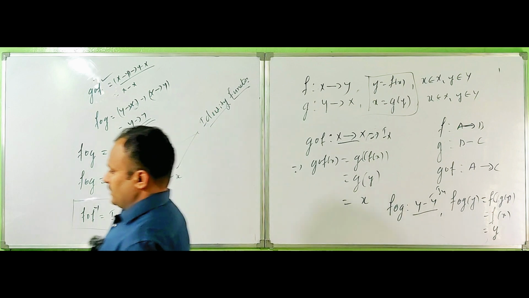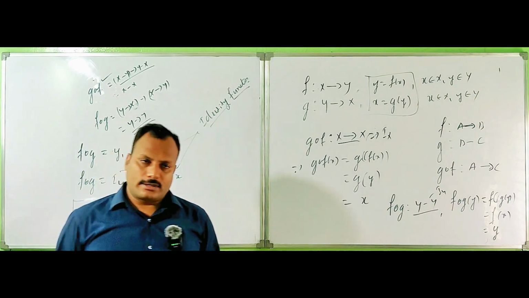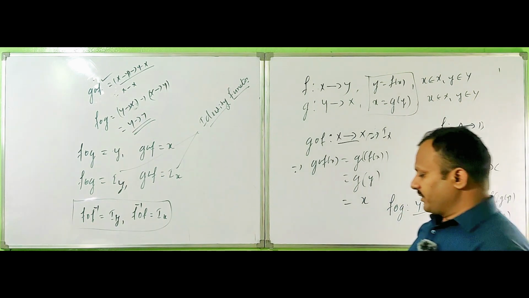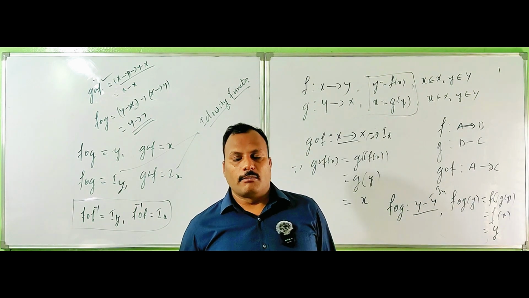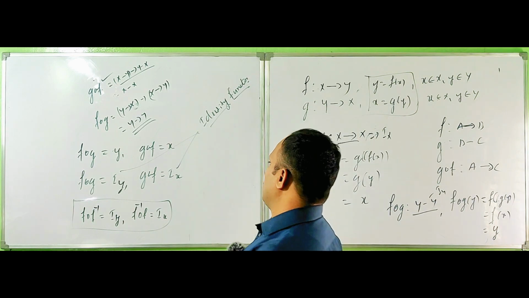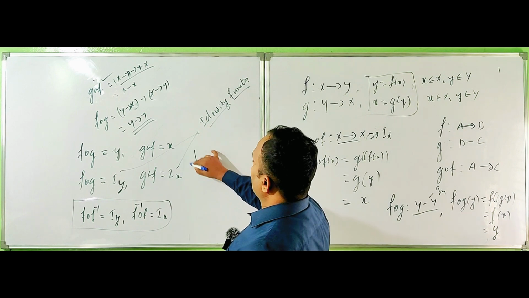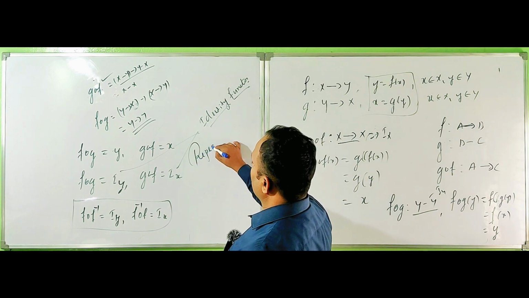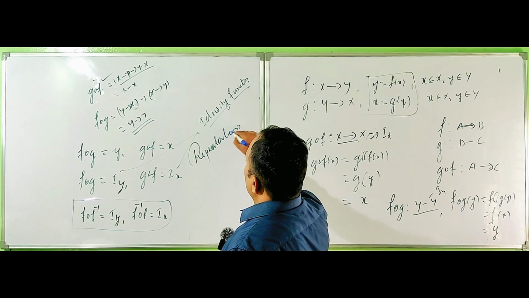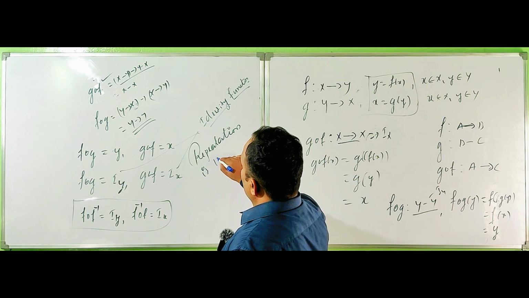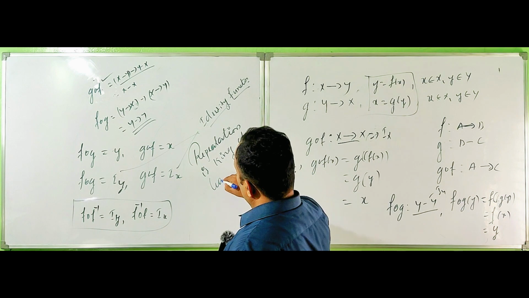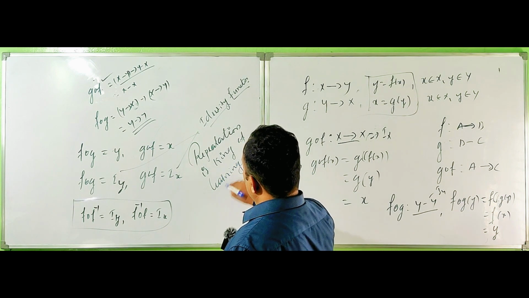Let's see some properties. Again, this may be a confusing part, maybe not. Clarification is very important, and you get clarification only by multiple readings. Repetition is the king of learning.